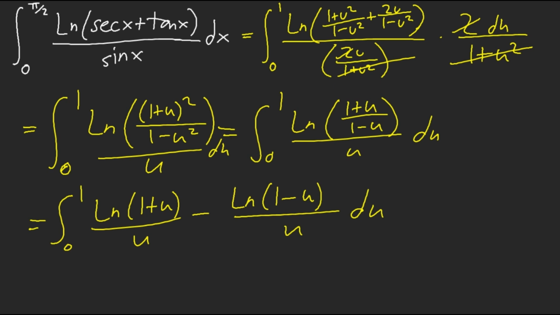Right. Cool. So now, it's so common, I kind of memorized this by heart. So this is what? Pi squared over 12 plus pi squared over 6.